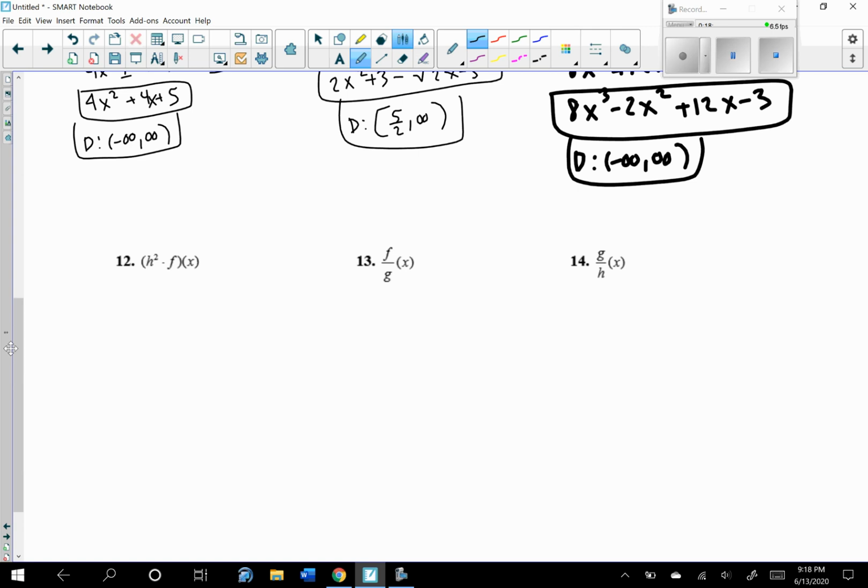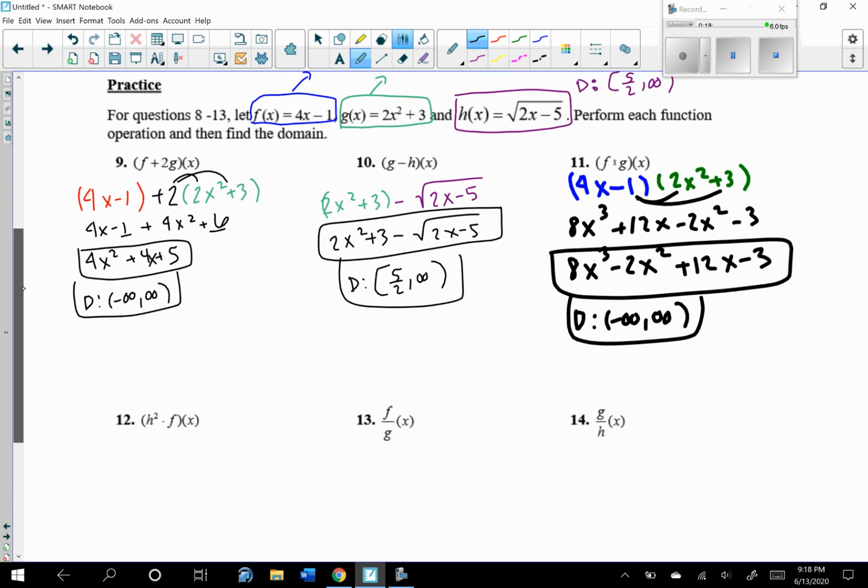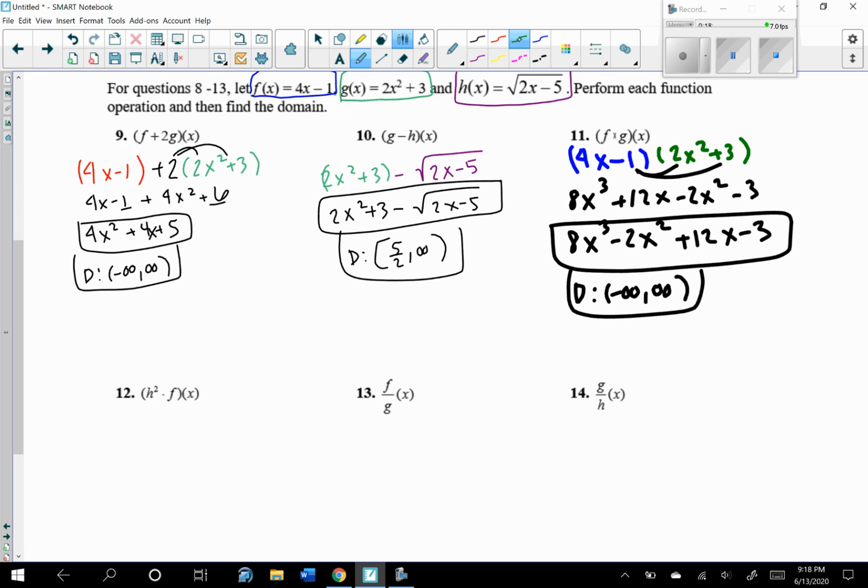Looking at question 12. For question 12, we have h squared, so root 2x minus 5 squared, times f of x, which is 4x minus 1. When we square something with a radical, it gets rid of it.